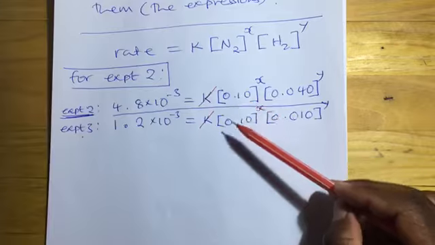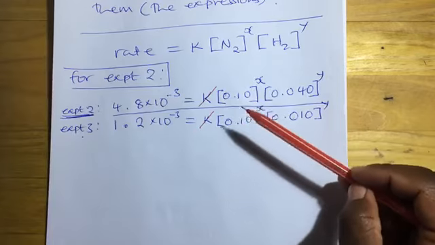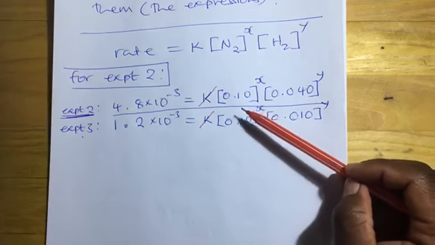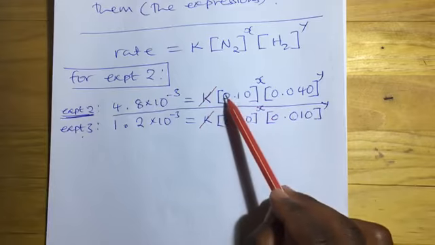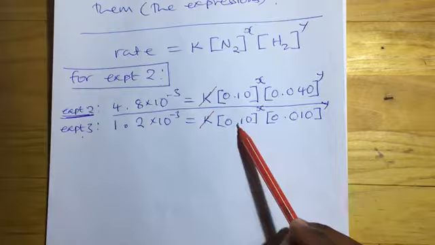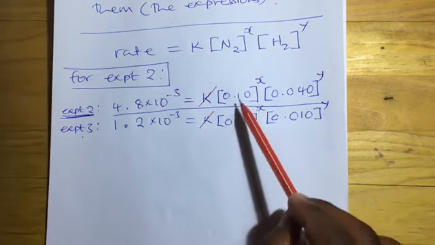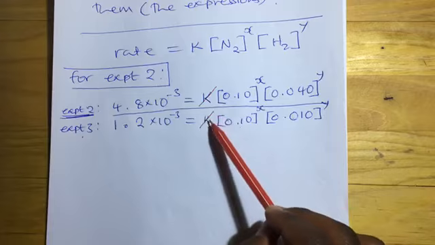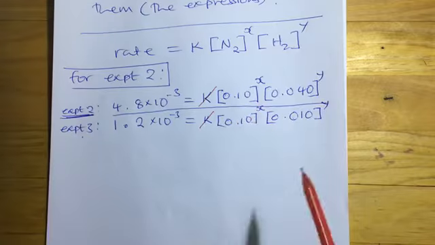Now, pay attention to this concentration. That's why we wanted at least one concentration to be the same. Okay? The concentration here on top, this is 0.10 to the power x. Below, I also have 0.10 to the power x. This is the same thing. So the same way that the Ks have cancelled out is the same way that this concentration will cancel out.